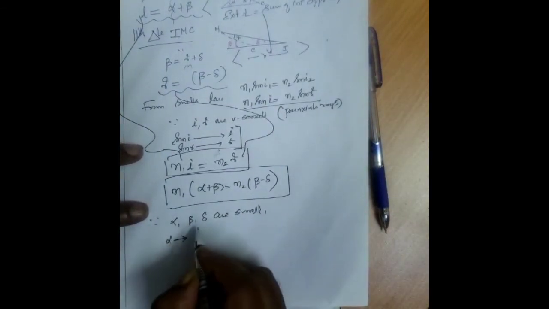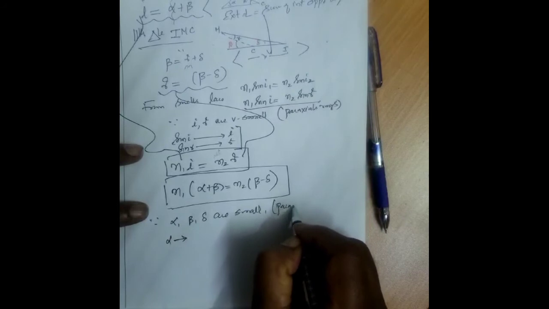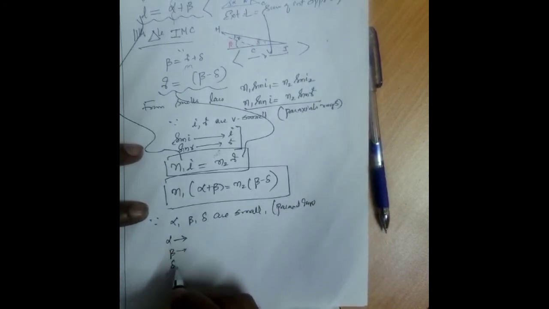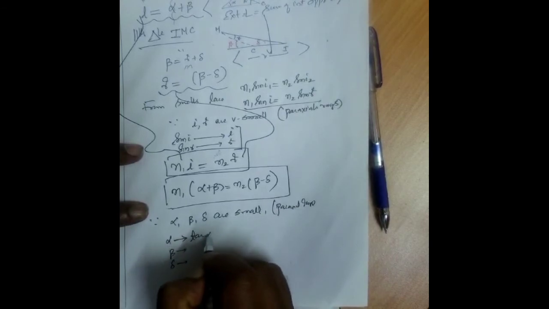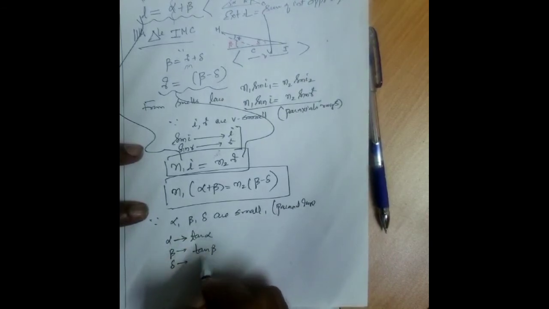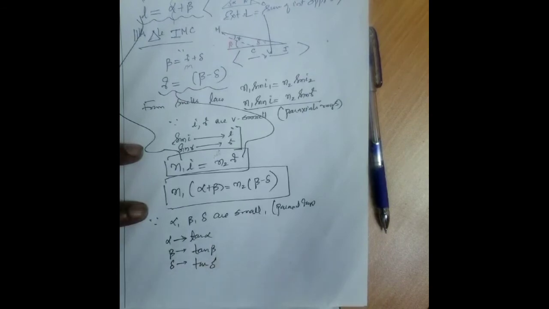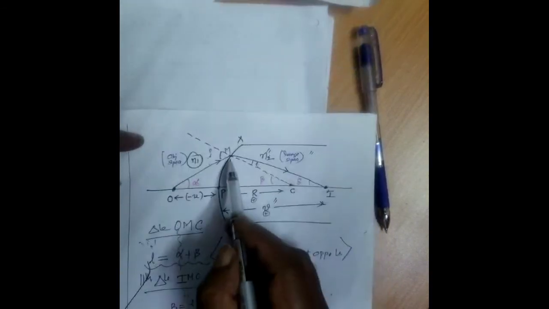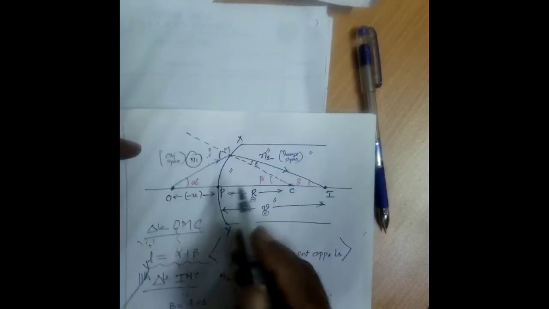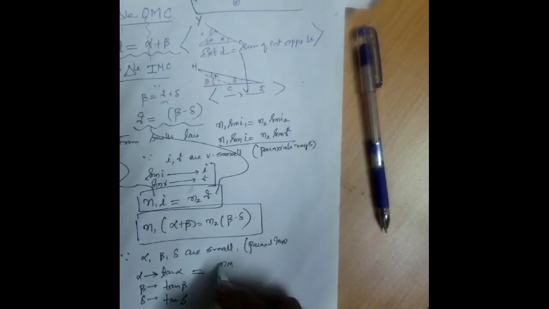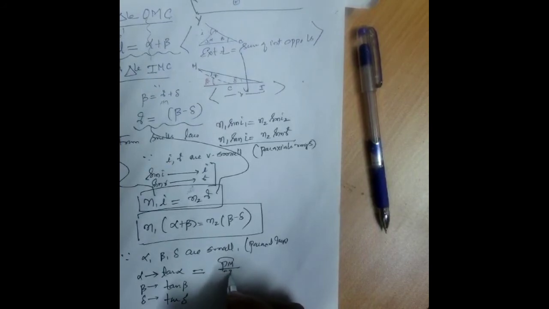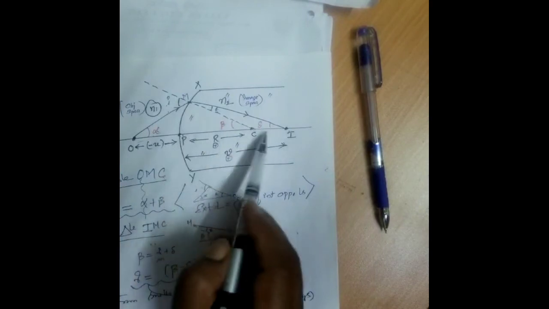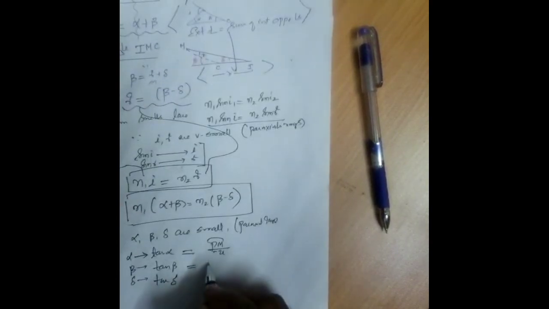Alpha is replaced by, this is again paraxial ray. For paraxial rays, alpha, beta, delta are replaced by tan alpha, tan beta, and tan delta. Tan alpha is what? Opposite by adjacent. That is PM by adjacent. Then tan beta is what? Opposite by adjacent.